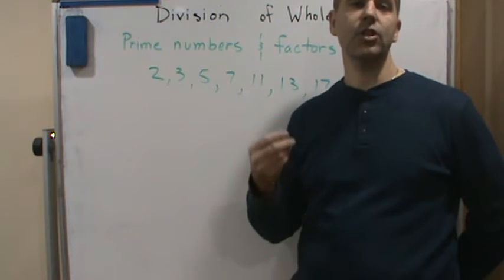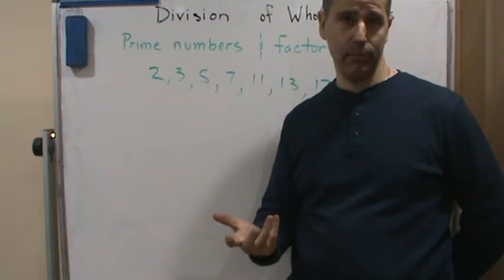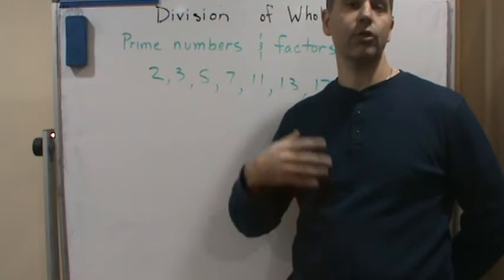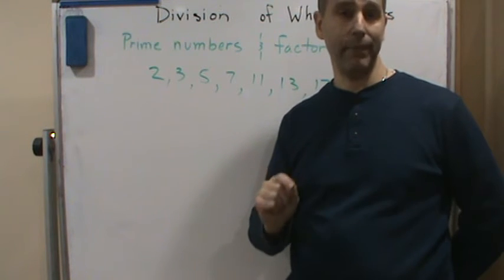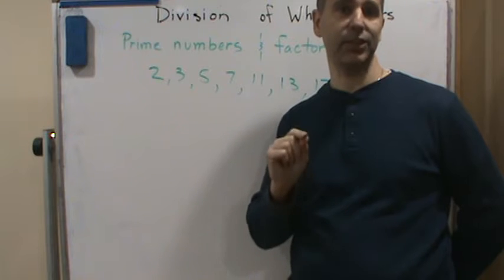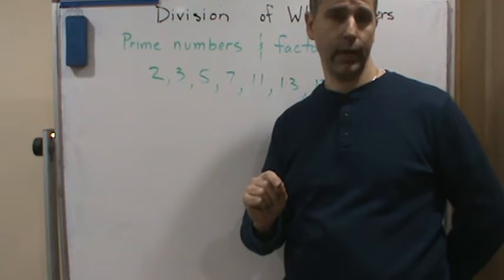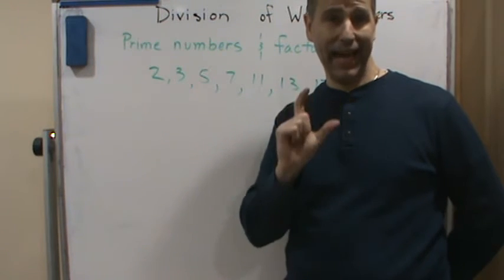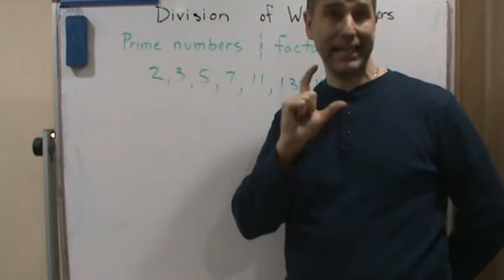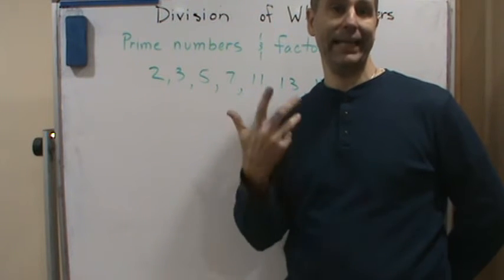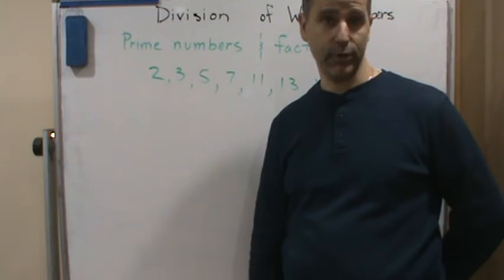But if you look at just the prime factors of a number, then there's only one unique prime factorization for each and every number. Okay? So we can describe any distinct number by its own prime factorization.